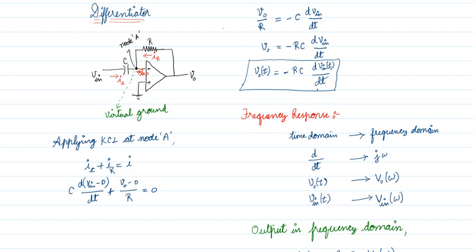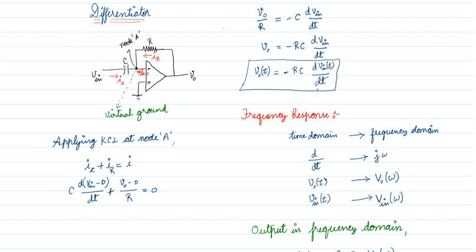Let us consider the current flowing through the capacitor is IC, the current flowing through the resistor is IR, and the current flowing into the op-amp inverting terminal is I. By applying Kirchhoff's current law, KCL, at node A. A node is nothing but the intersection point or the connecting point. At this node, we have three branches: branch 1, branch 2, branch 3.